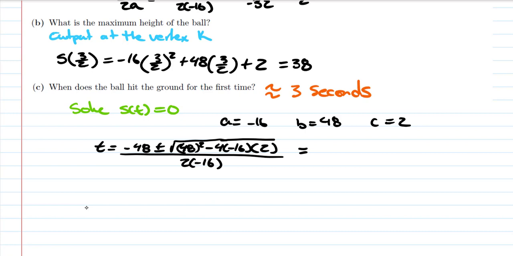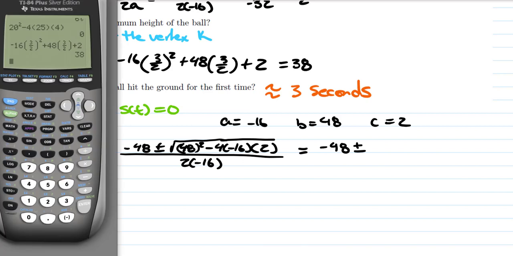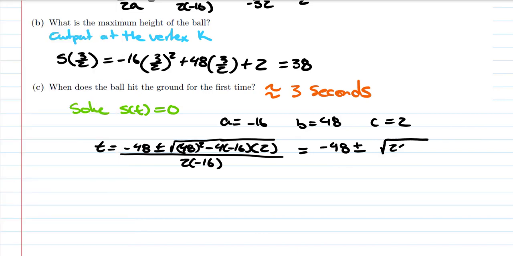So that's going to give us negative 48 plus or minus the square root of, and we simplify 48 squared minus 4 times negative 16 times 2, which is 2,432, all divided by negative 32.